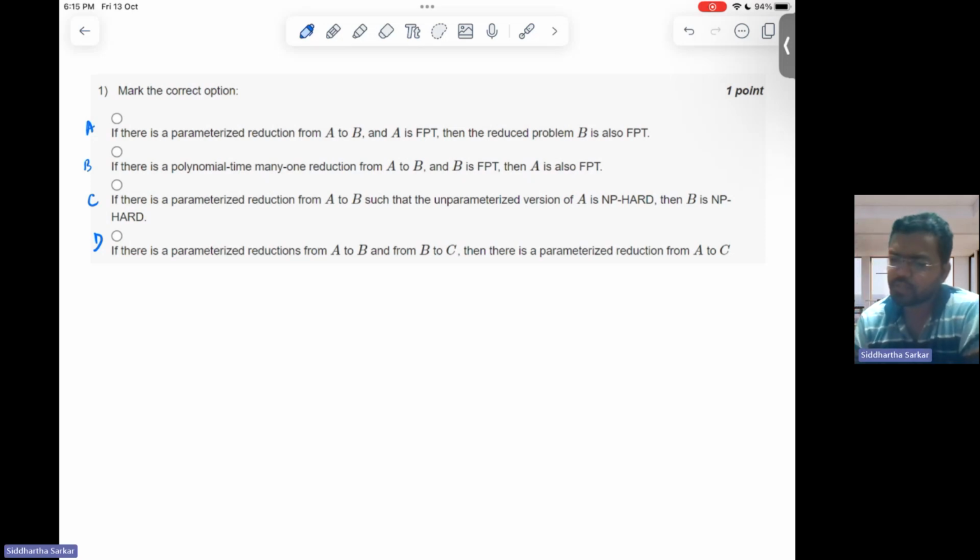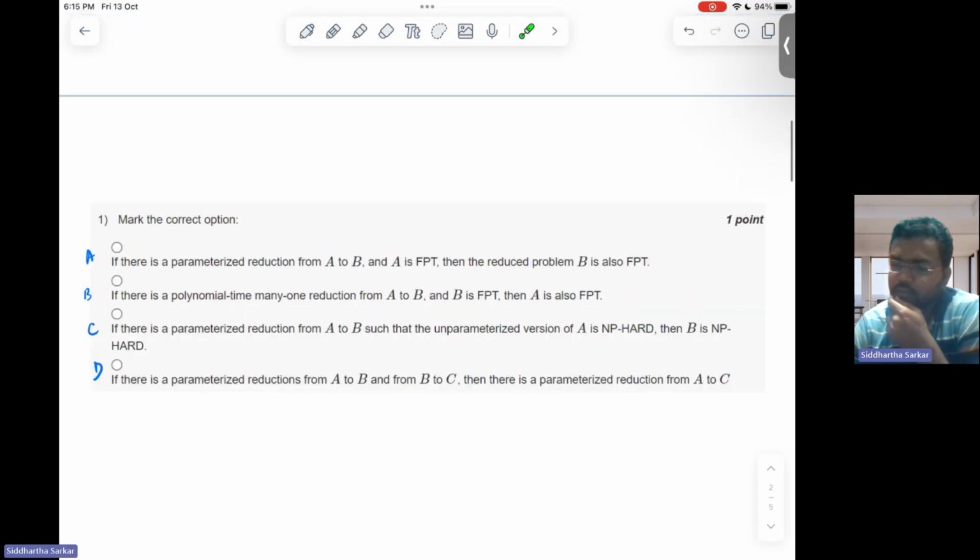Basically, given some statements, we want to decide which of them are true and which of them are false. So let's start with the first statement. If there is a parameterized reduction from A to B and A is fixed parameter tractable, then the reduced problem B is also fixed parameter tractable.